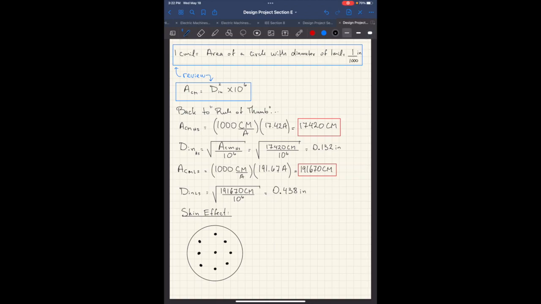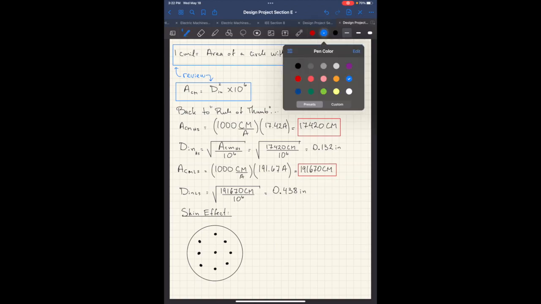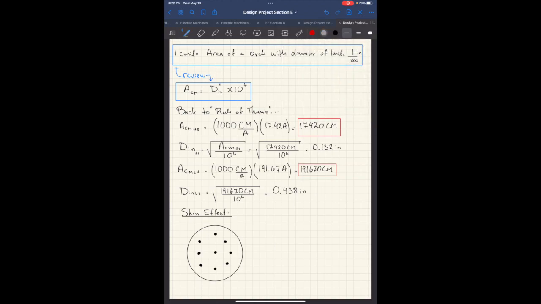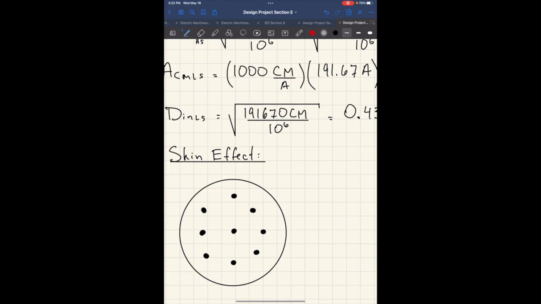Because this is a solid piece of copper, okay, this increasing current is going to basically cause eddy currents to form. Let's see how that happens. So first of all, if I have current coming out of the page, I'm going to have a magnetic field that goes counterclockwise, right?